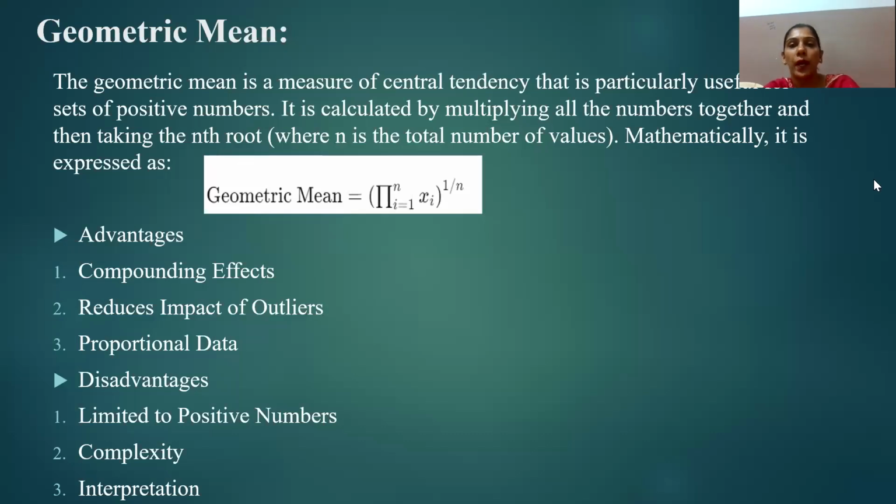Geometric mean and harmonic mean form an important measure of central tendency. As we have already discussed three measures, arithmetic mean, median, and mode, these two also, geometric mean and harmonic mean, are forms of calculating the central tendency of data.